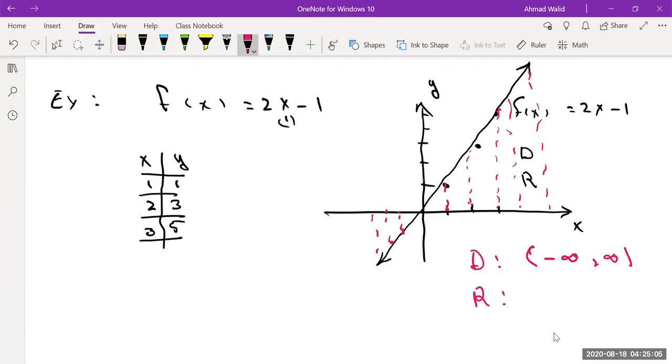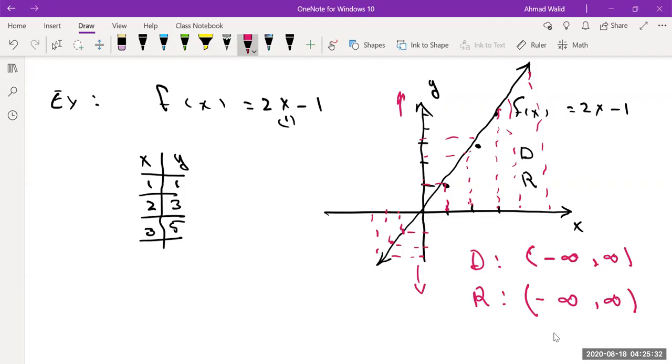And the range, again, for every single value of x, you have a value of y. You see, your y is going to negative infinity on this side and to positive infinity on this side. Then the range is also from negative infinity to positive infinity. Correct? This is how you read the domain and range.